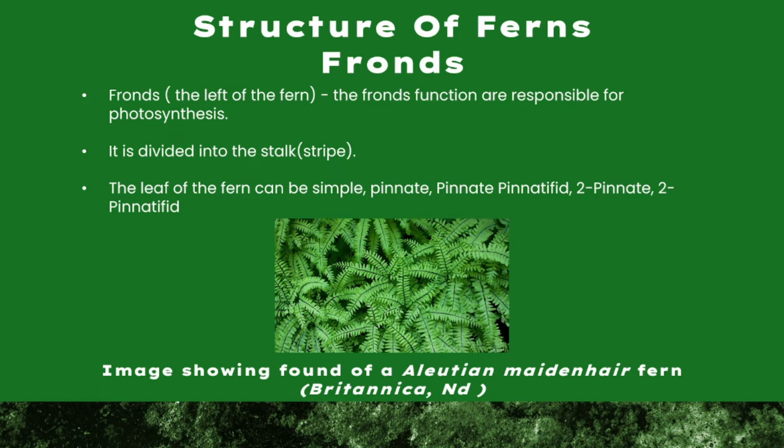They are responsible for photosynthesis, hence their color. The frond is divided into a stalk, also known as the stipe, and fronds are classified according to their shape. They could be simple, pinnate, pinnatifid, or bipinnate, or bipinnatifid.